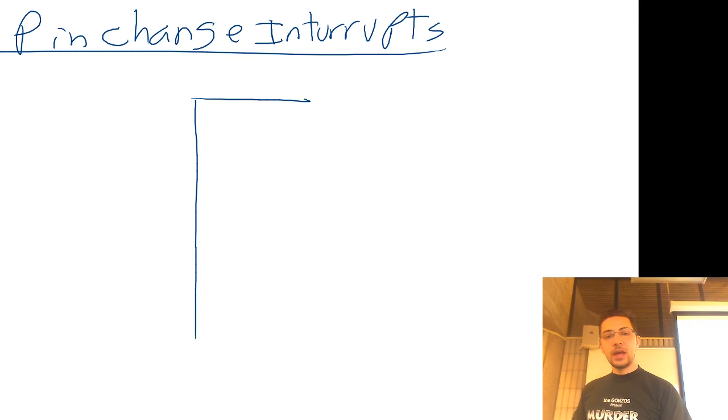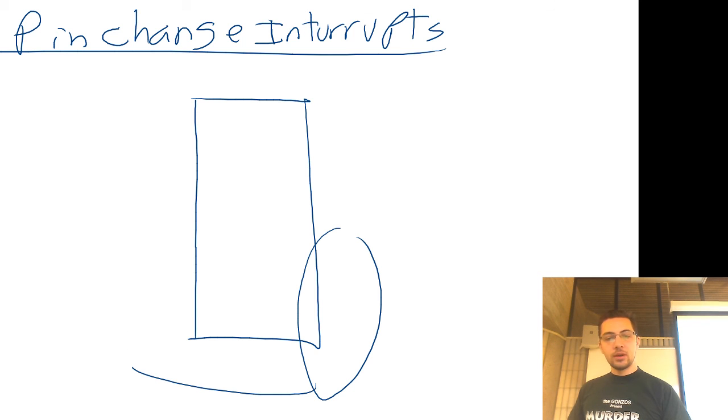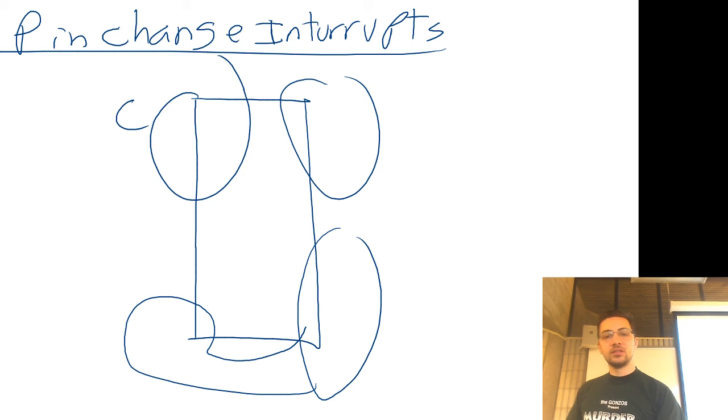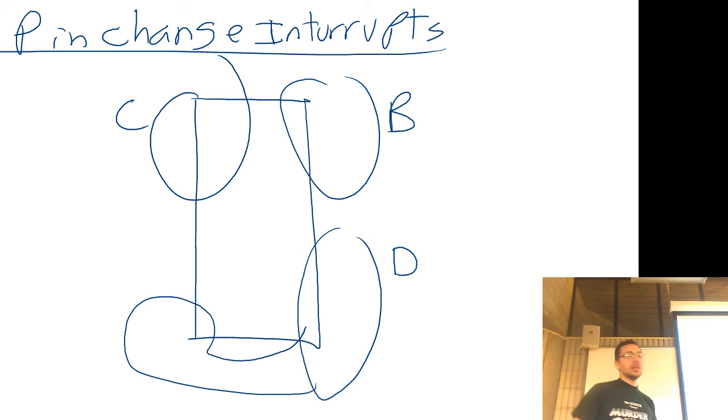Here's our 328P chip. We have port B, port D, and port C. Each of these is grouped together into a group of 8 pins.